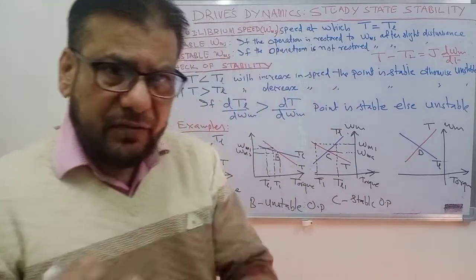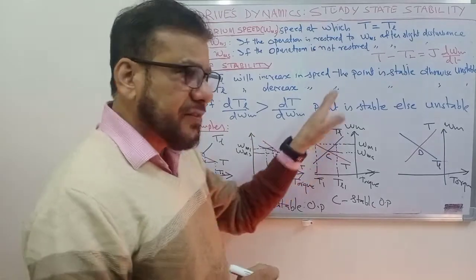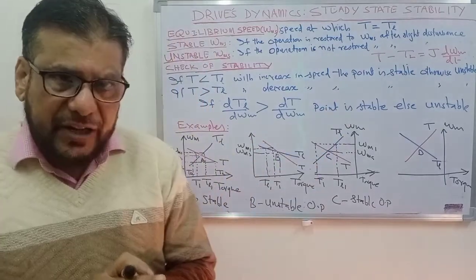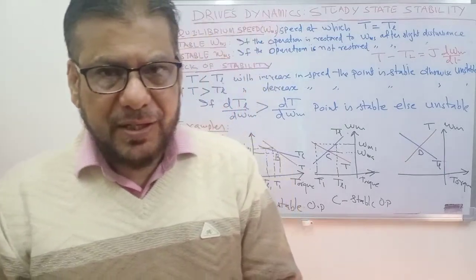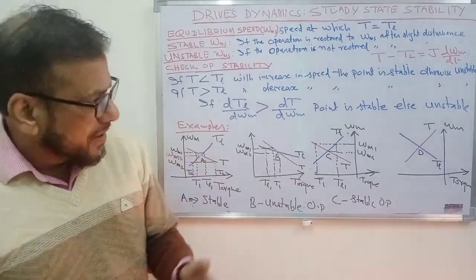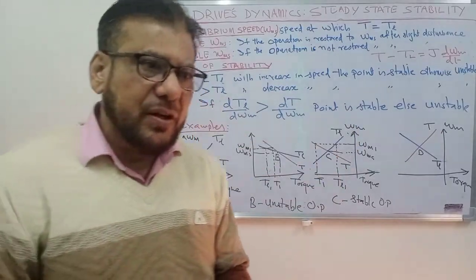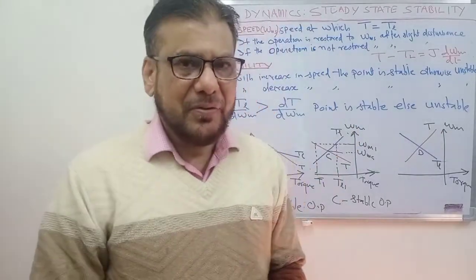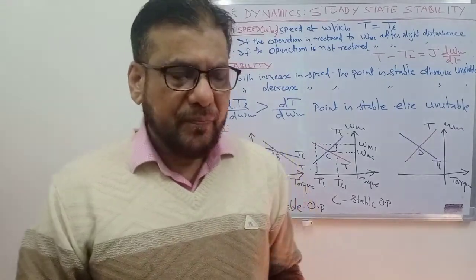You can think in another way also. With the increase in speed, the magnitude of driving torque should become less than the magnitude of opposing torque. In a forward braking condition, the driving torque is the load torque and the motor torque is opposing the speed.